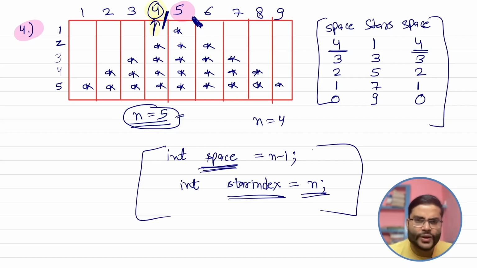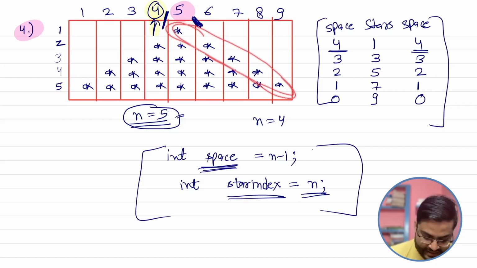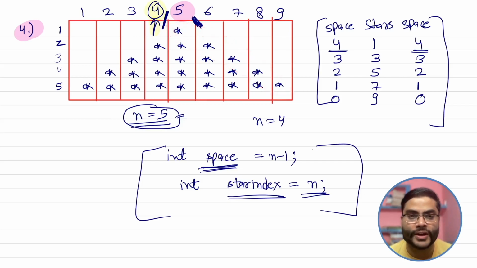Now if you clearly see, the ending index of a star is increasing by 1. In the first line the ending index was 5. In the second line the ending star index was 6. In the third line it was 7, in the fourth line 8, in the fifth line 9. So if you observe, the star index is increasing by 1.